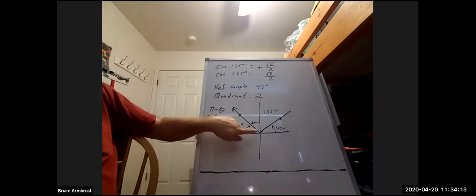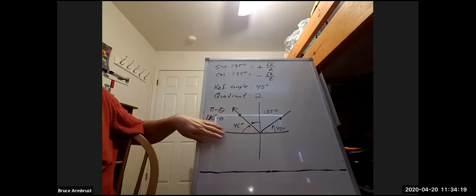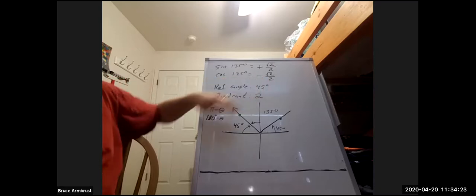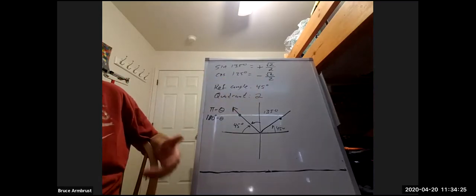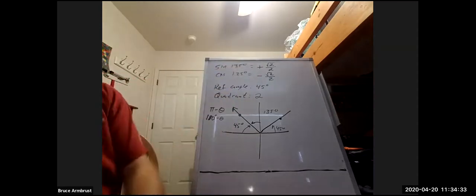And so we see that over here, whatever this point is, its x coordinate is going to be negative because we're to the left of the origin. That's why that thing is negative root 2 over 2. And then sine is the y coordinate. And again, this point is above the x-axis. So that means it's going to have a positive y, so it's going to have a positive sine.